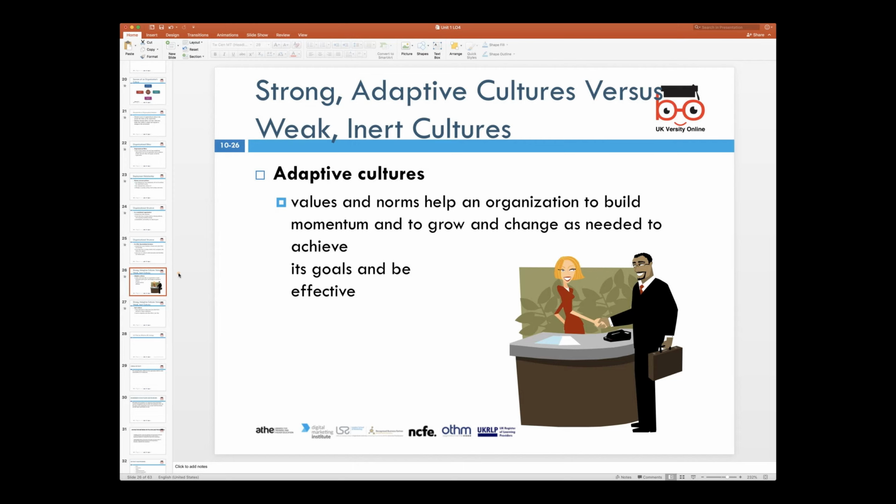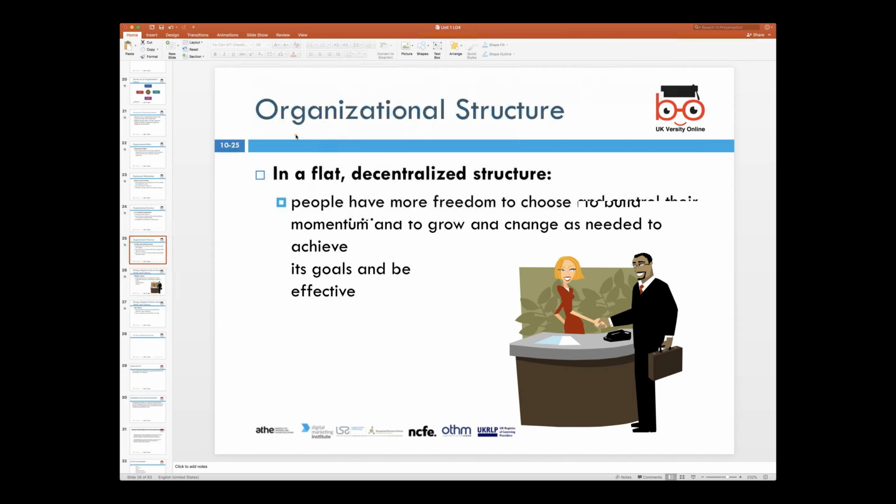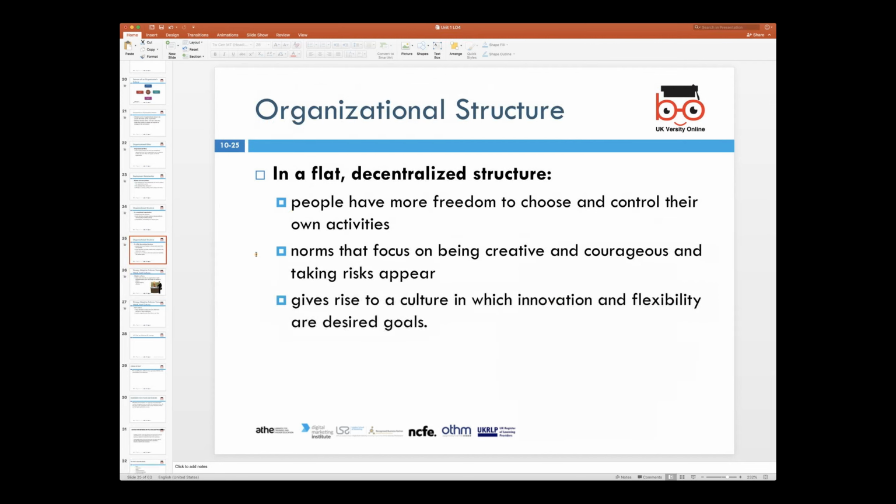So you said in the previous slide, the decentralized structure, it means that maybe the employees can come up with their own ideas, and as far as it fits into the organization's goals, it is allowed. Yes.